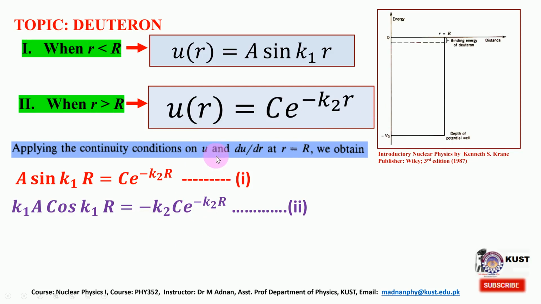So equation 1 arises from the continuity of the wave function, and equation 2 arises from the continuity of the first derivative at the boundary, r equal to capital R.